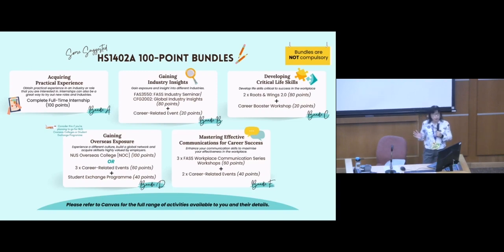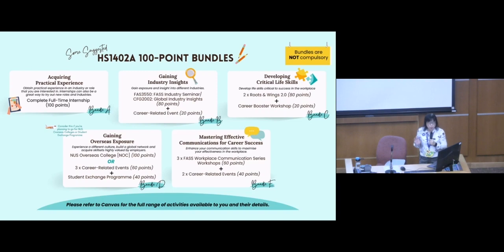Okay, you don't have to follow it, but it can help you. You can use it as a reference to determine what kind of activities you would like to participate in for that particular year. And with that, it will also help you to gain the minimum set of points in order to get your pass grade for this particular course, okay?